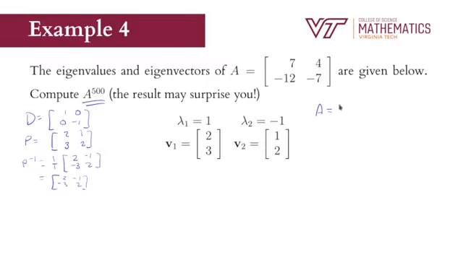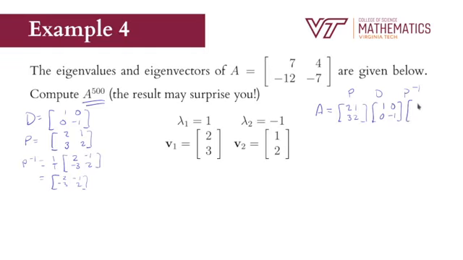And so A is P times D times P inverse, which is, let's see. P is 2, 1, 3, 2. D is 1, 0, 0, negative 1.